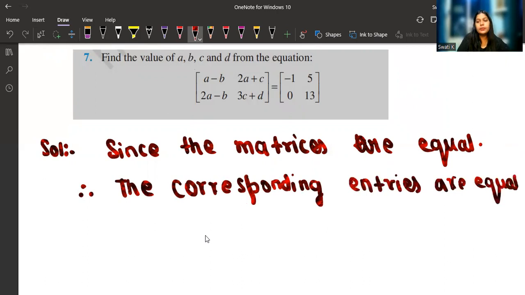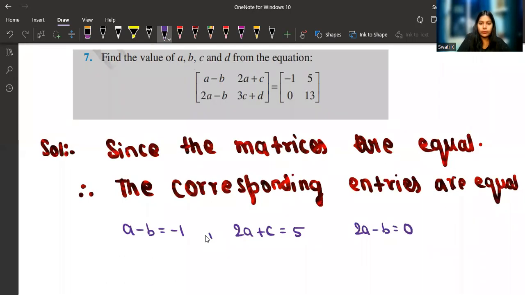What does it mean? It simply means that A minus B equals -1, 2A plus C equals 5, 2A minus B equals 0, 3C plus D equals 30.